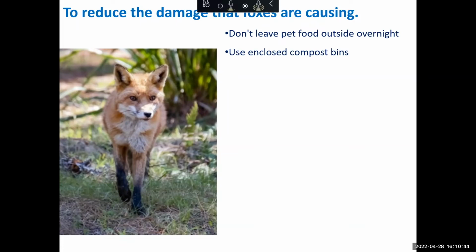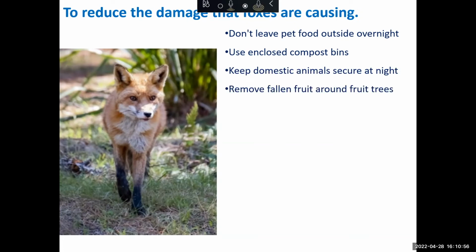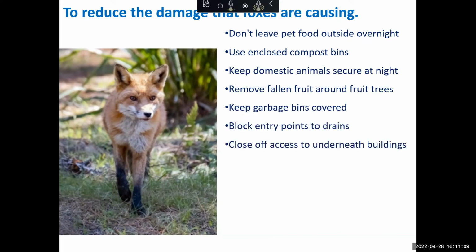So foxes are scavengers, and they love having a look in your compost bin and seeing what goodies you've put in there the night before. Just making sure that your domestic animals are kept secure at night. Removing fallen fruit from around trees on your property. Keeping garbage bin lids closed and blocking entry points to drains. Closing off access underneath buildings so foxes can't use this as harbour.